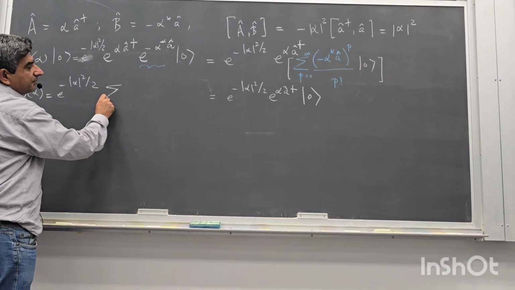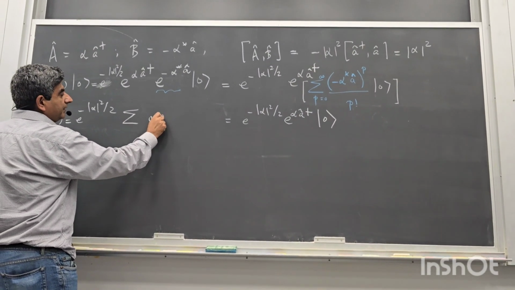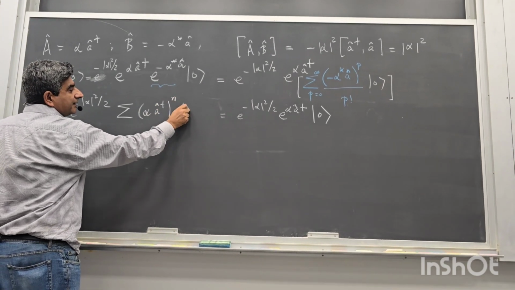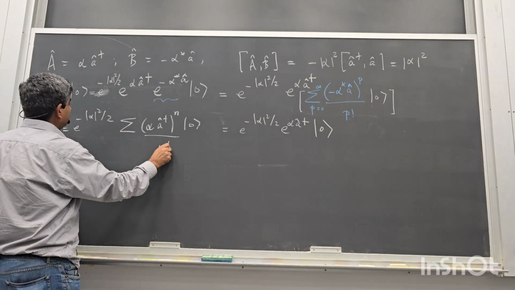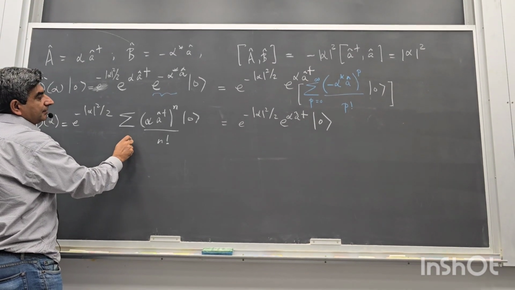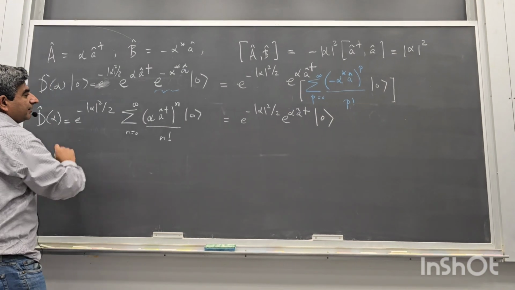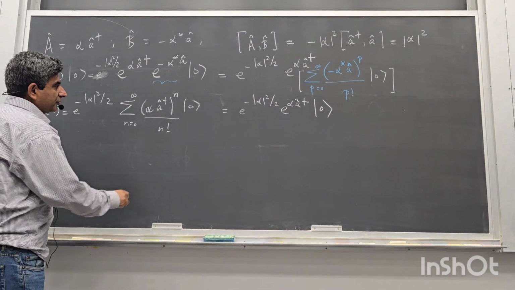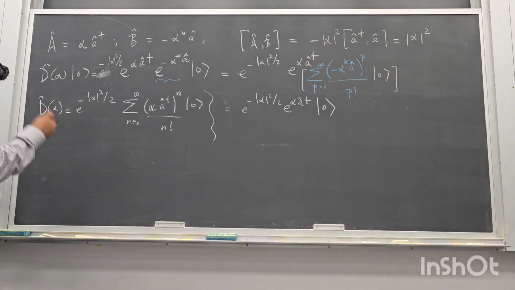Let's break this up: e^(minus alpha mod square over 2), sum of alpha A dagger raised to power n on ket 0 over n factorial, n going from 0 to infinity. This is actually the coherent state, and you can prove that.